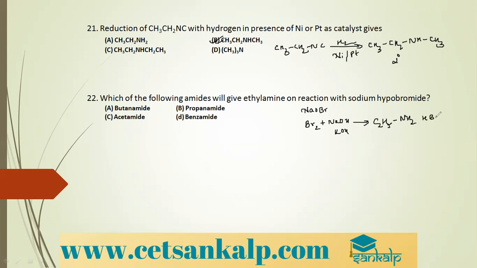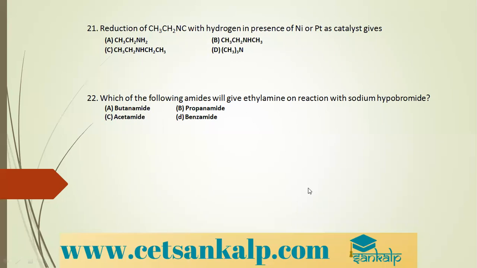So it is Hofmann's bromamide degradation, where we get one carbon atom less. If the compound here has two carbons, then my reactant should have three carbons, and that reactant is an amide with three carbons: CH3CH2CONH2. It is nothing but propanamide, correct? So you have to think of the reaction vice versa also. The correct option is propanamide.